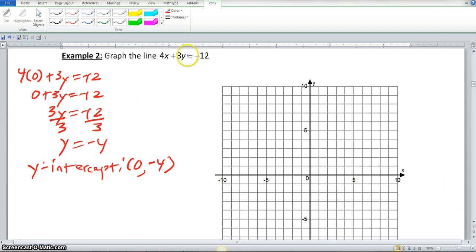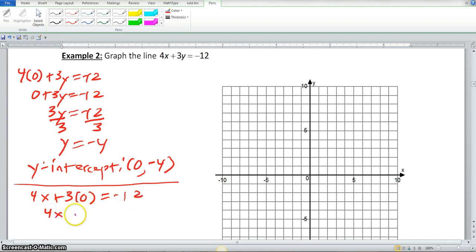Now the x-intercept, we're going to take the same exact equation, but this time we're going to make y 0. So we have 4x plus 3 times 0 is equal to negative 12. So we have 4x plus 0 equals negative 12. So we have 4x is equal to negative 12.